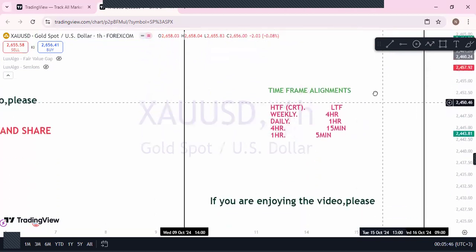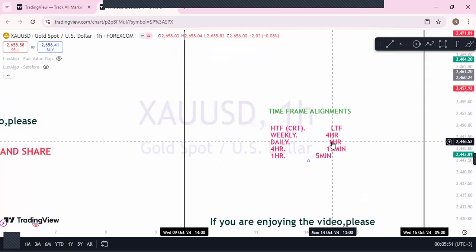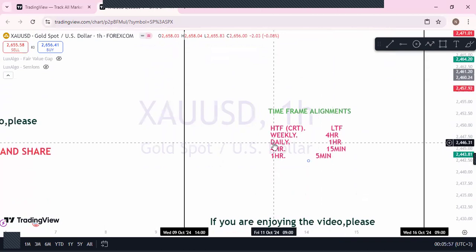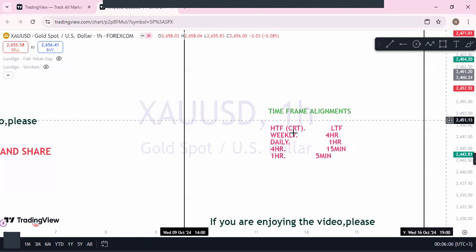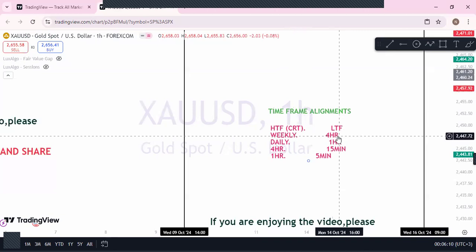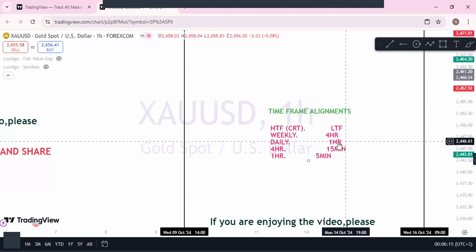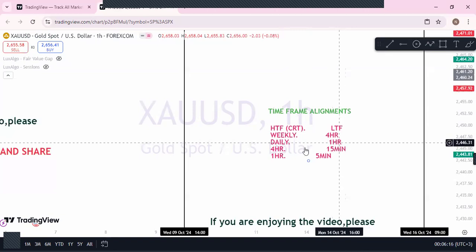We have alignments in the market: time frame alignments, higher time frame, then lower time frame. When you are looking for the CRT candle, you need to know when to enter the market. For the weekly CRT candle, we look for entries on the 4-hour time frame. For daily, we look for entries on the 1-hour time frame.